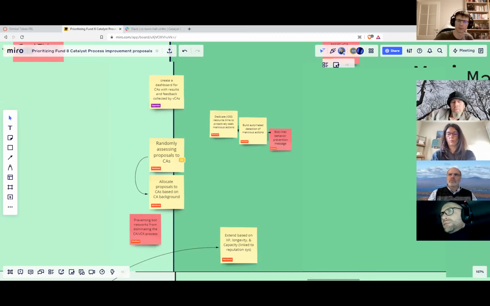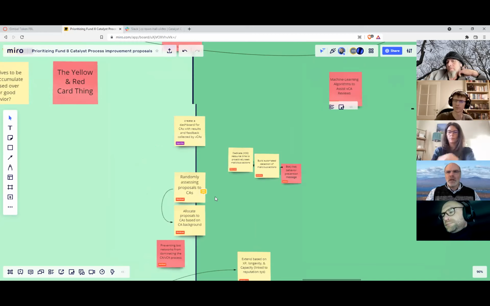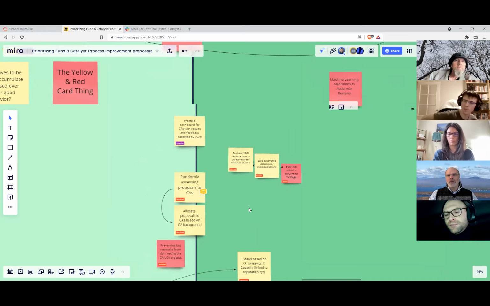Mm-hmm. Here's my thought on this: we've scaled the program and we have scaled the number of CAs participating. So I don't feel that scaling the CA role is the challenge we're facing right now. The challenge is to increase the quality of the work that individuals participating in the program are doing.